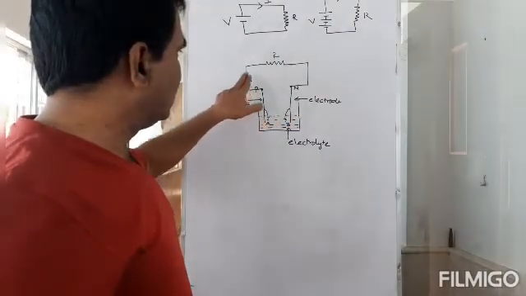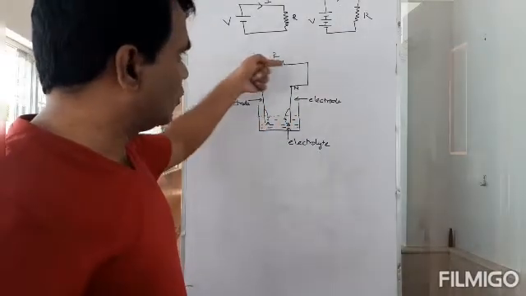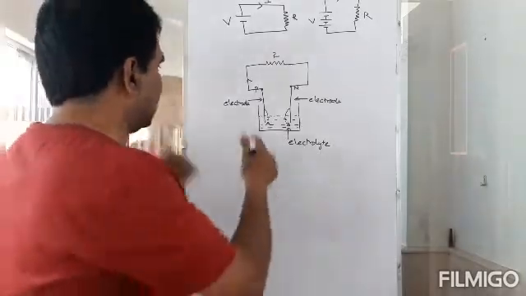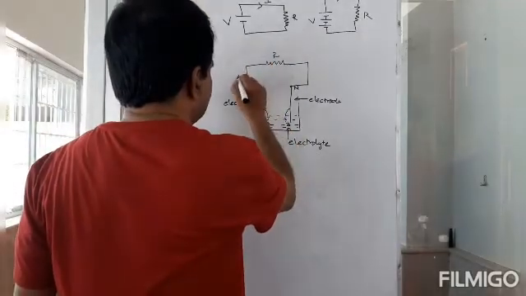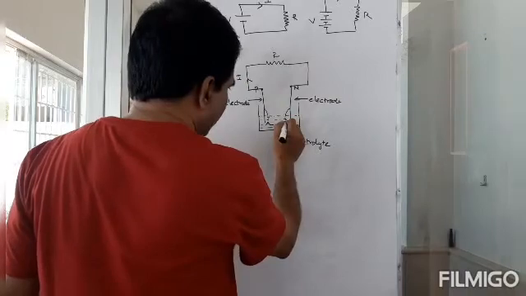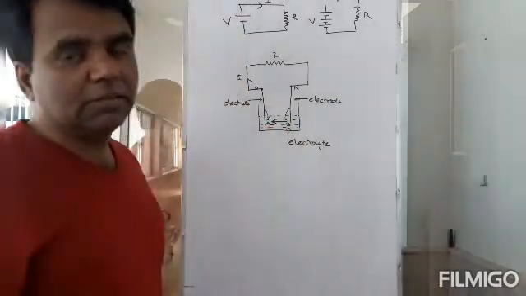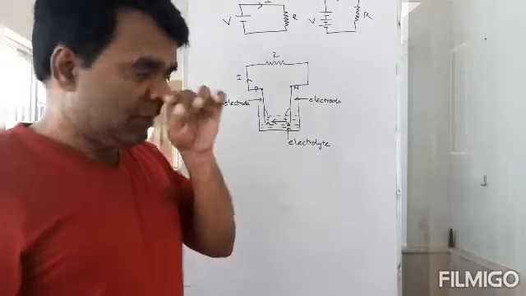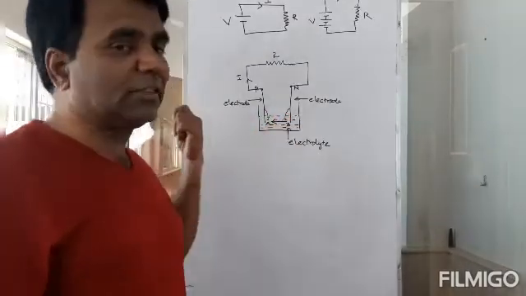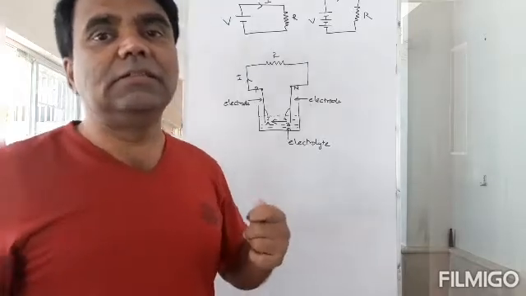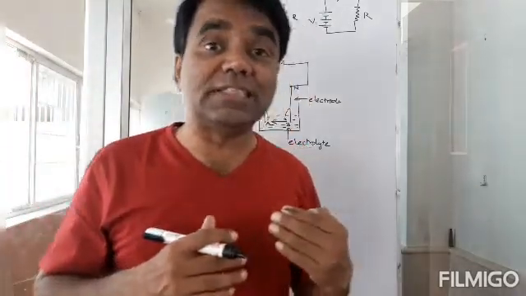So a current will flow through this path, and the current that flows through this resistor I will also flow through this electrolyte.